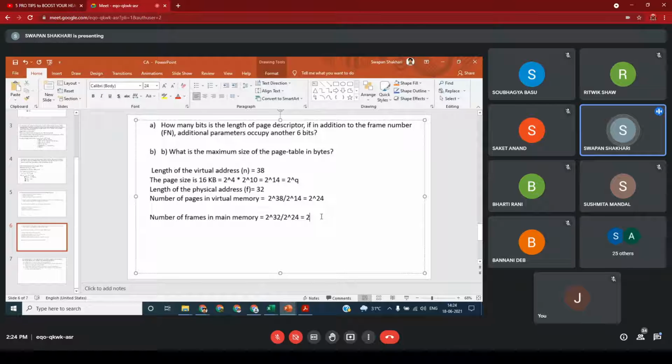So it will give us 2 to the power 18. So we'll divide 2 to the power 32 by 2 to the power 14, right?